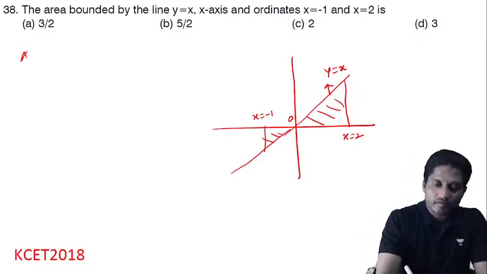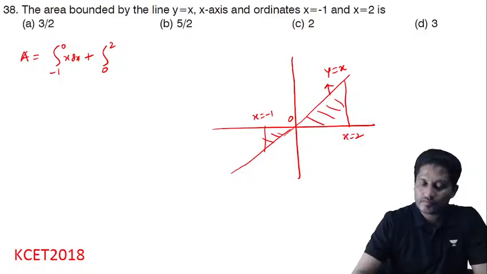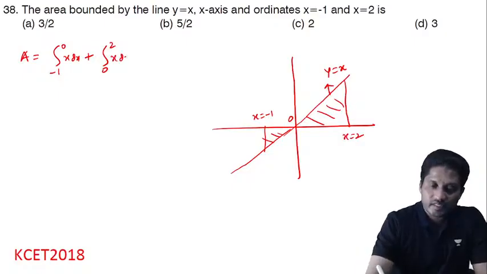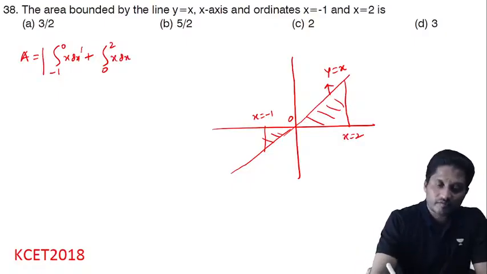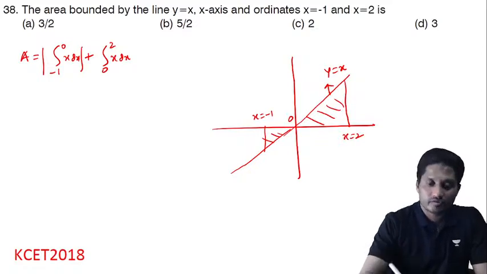So area is equal to integration of minus 1 to 0 x dx plus integration of 0 to 2 x dx. I'll keep a mod here because area below the x-axis will be negative, so you take the mod and neglect the negative sign.